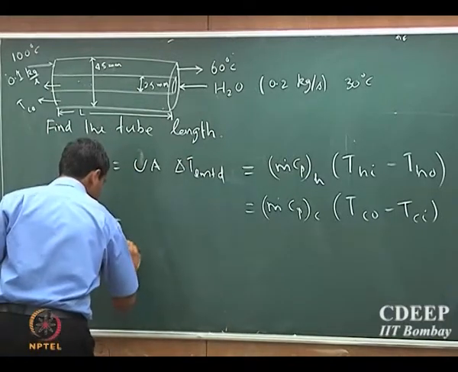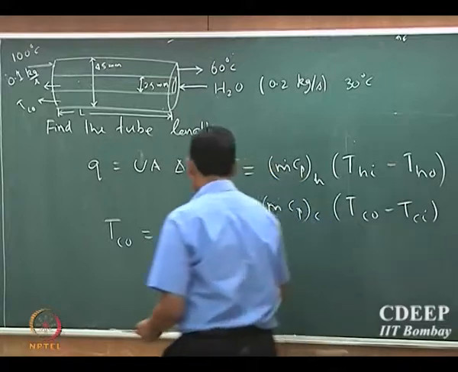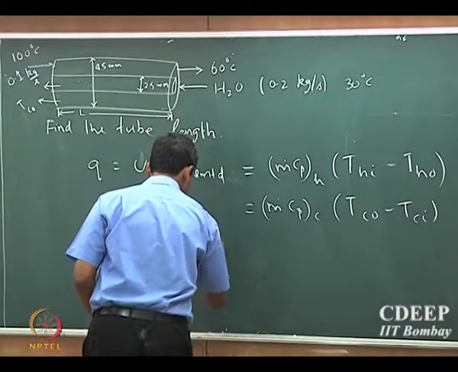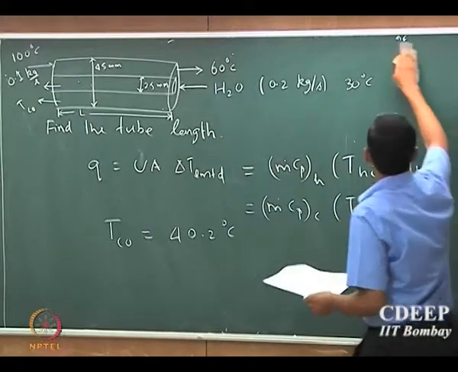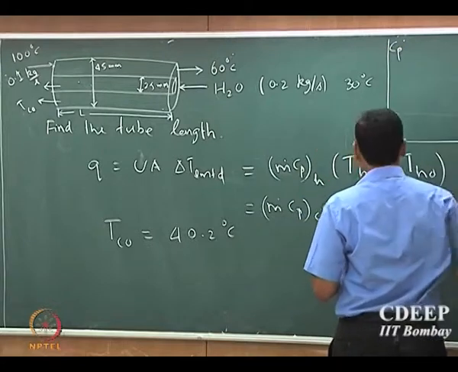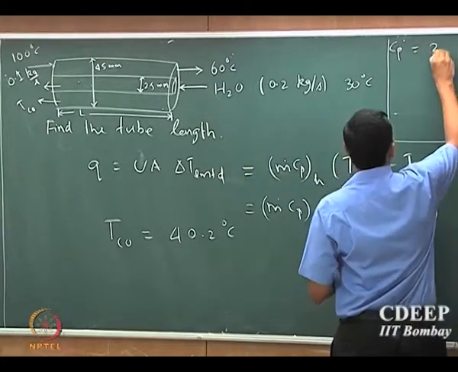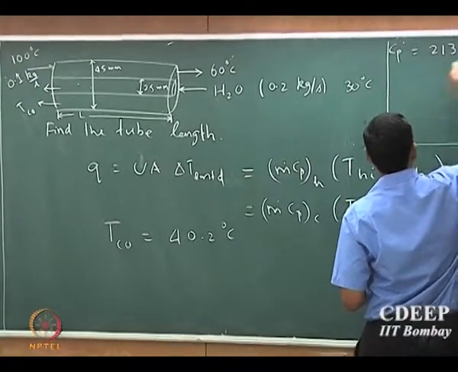So the first exercise is to find Tco, and Tco is about 40.2 degrees C. I didn't list the properties. So Cp of oil is 2131 joule per kg Kelvin.